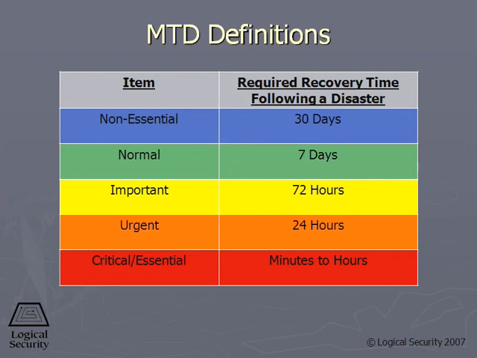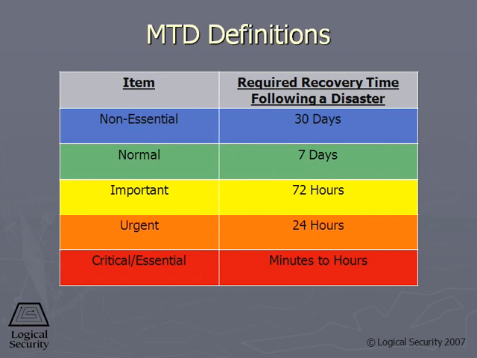Maybe critical is 2 minutes. Maybe normal is 3 days. Even though the company can come up with this, for the exam it would be a good idea if you knew what NIST lays out. Because NIST is basically best practices, a framework that organizations can follow. It's not a standard, but it's best practices.